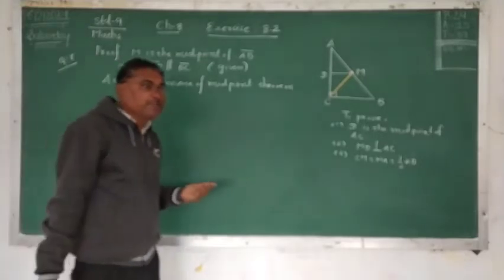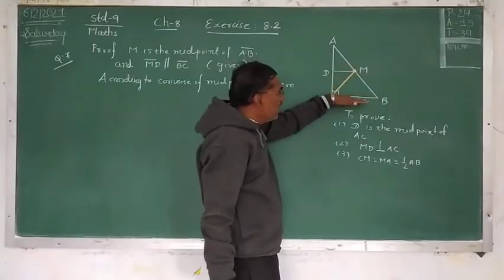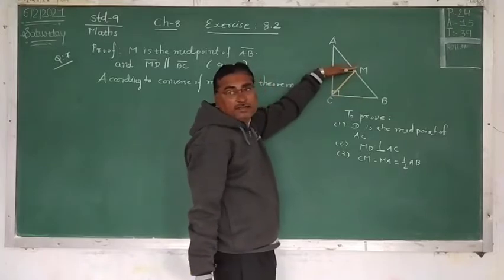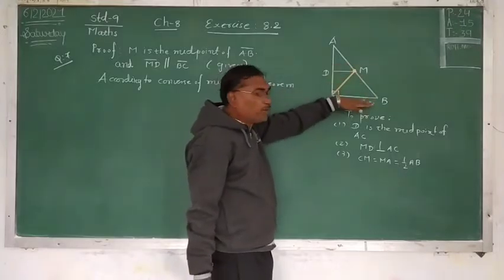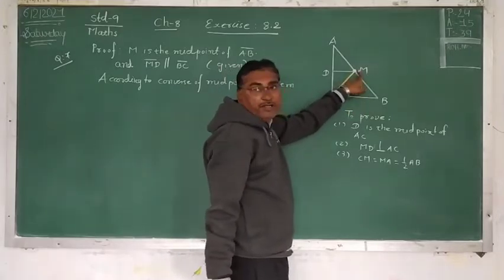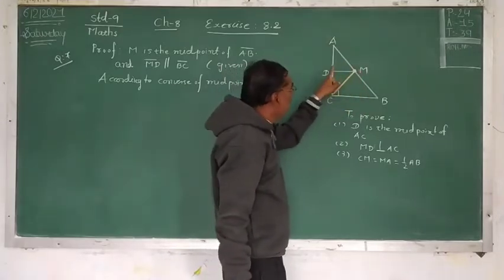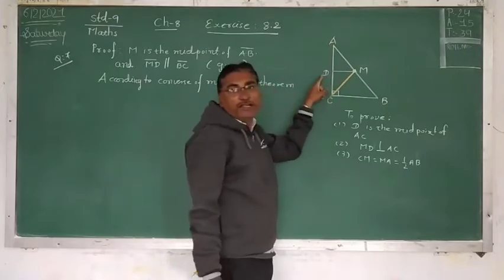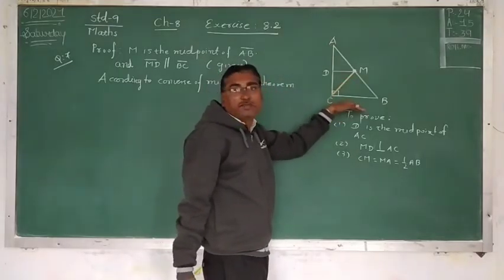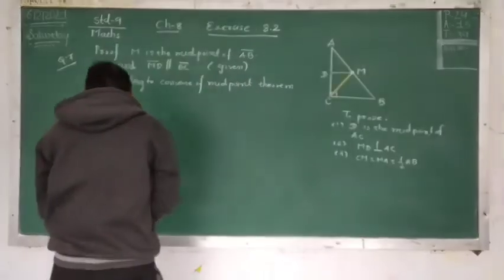What is the midpoint theorem? This line is parallel to the third side, and this line segment measures half of the third side. When M is the midpoint of this side and D is also the midpoint of this side, then it is possible, it is parallel.